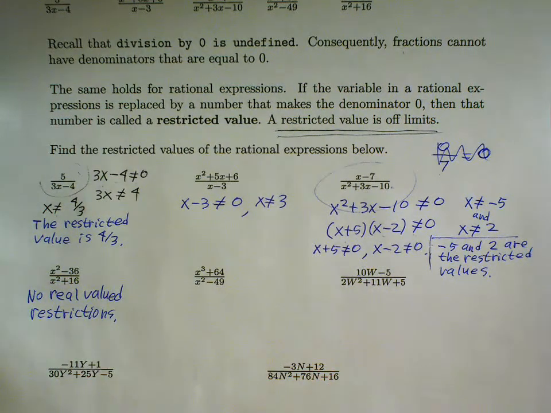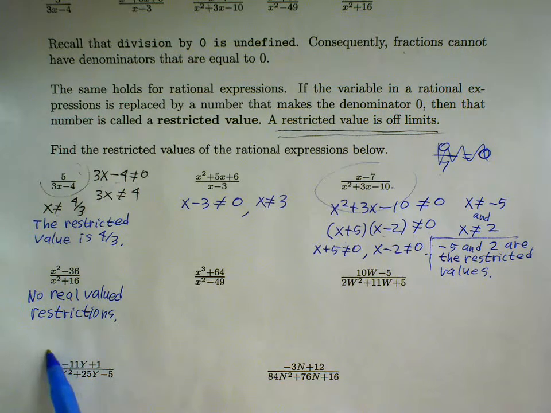It has restrictions that are not real numbers, but for now, we're not going to worry about what those non-real numbers are. We're just interested in knowing that it doesn't have any real valued restrictions.